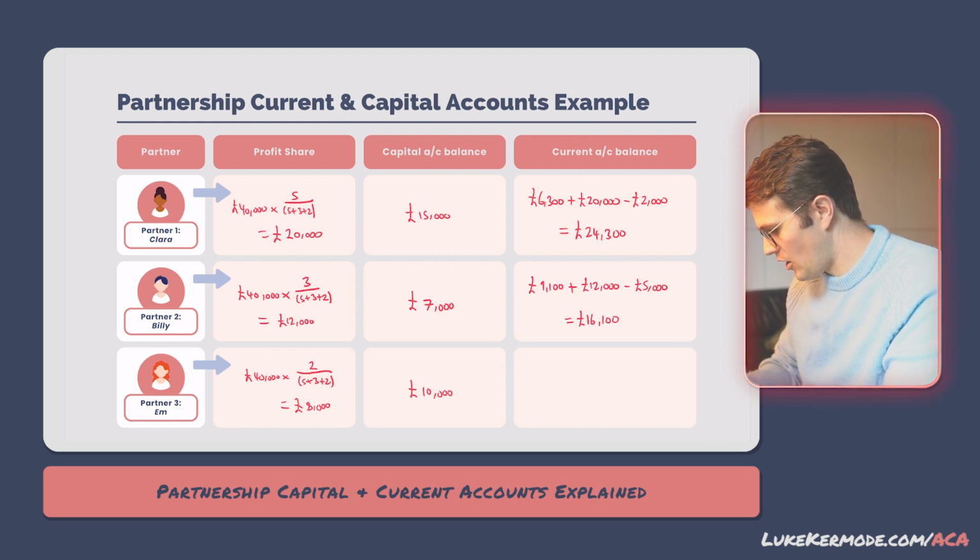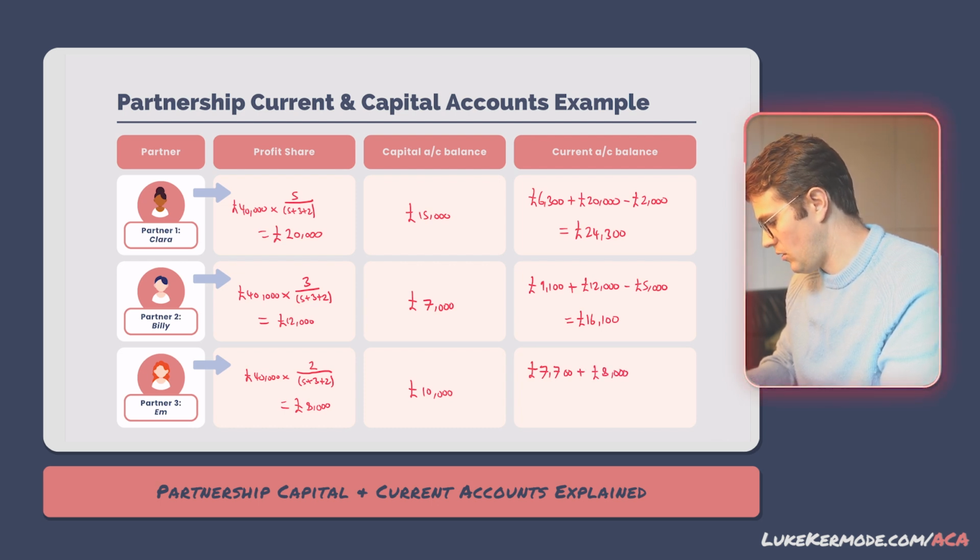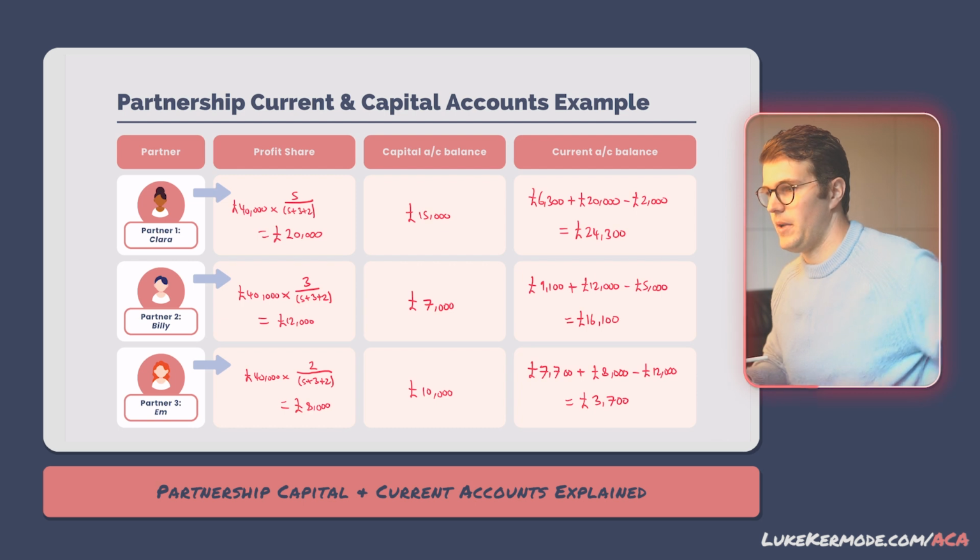And finally, Em had an opening current account balance of £7,700. She accrued profit of £8,000 during the year and made drawings of £12,000. So her current account balance as at the end of the period is equal to £3,700. And there you have it.